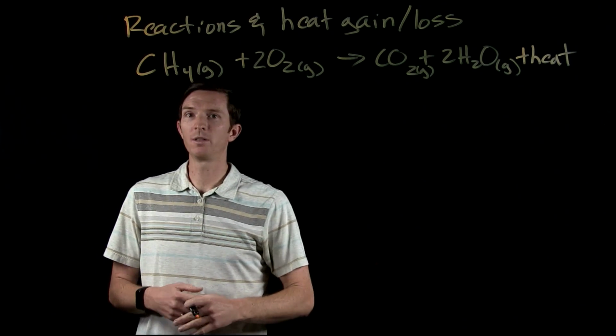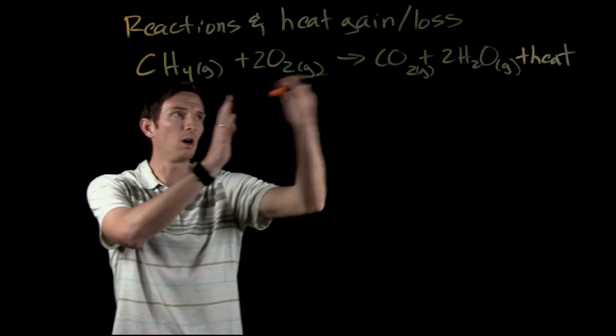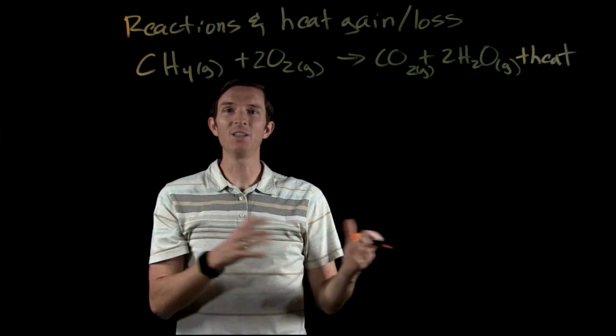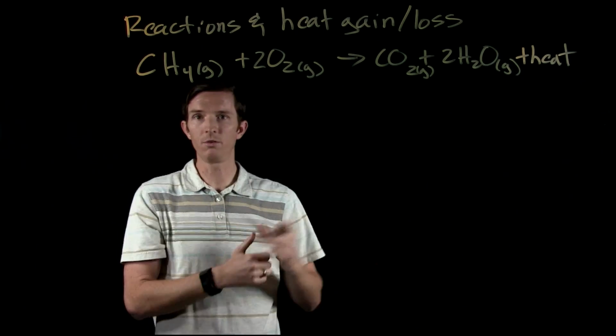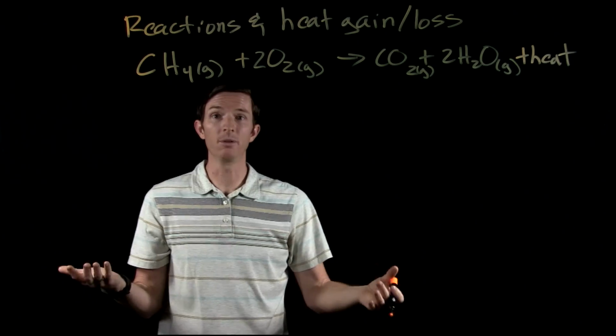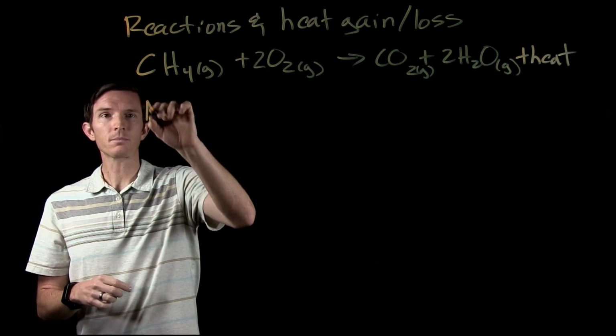Now, this isn't something where our methane is hot and it transfers heat to our products, which get warmer. It's not this transfer of heat directly from a warm object to a cold object. There has to be this heat coming from somewhere. Now let's look at another example.